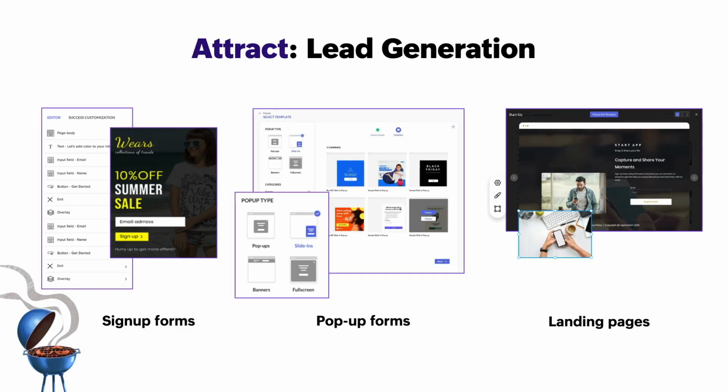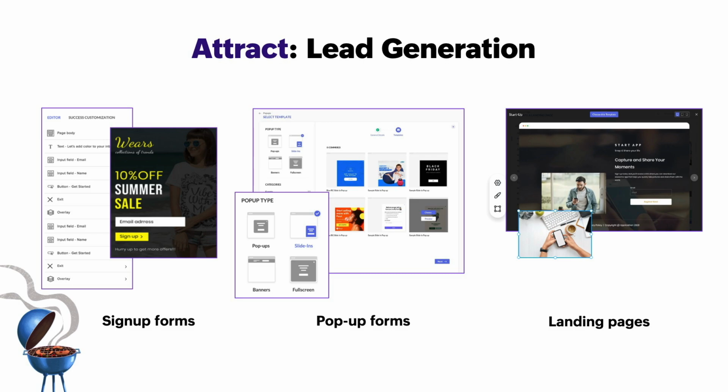So now, in the first stage, we have Attract. So how to attract leads into your business. As we discussed, Marketing Automation connects with your website. We have a snippet code for you. You can add that snippet code to your website and make sure that it is live on all pages. We have sign-up forms.